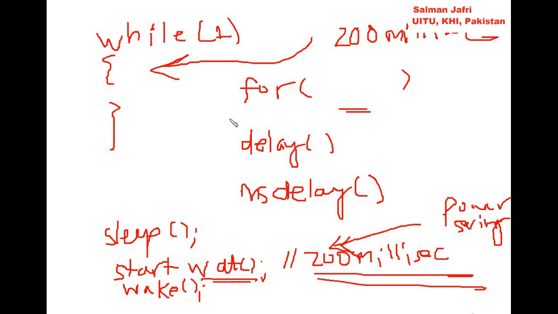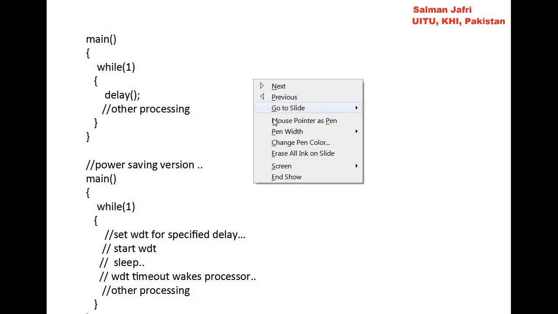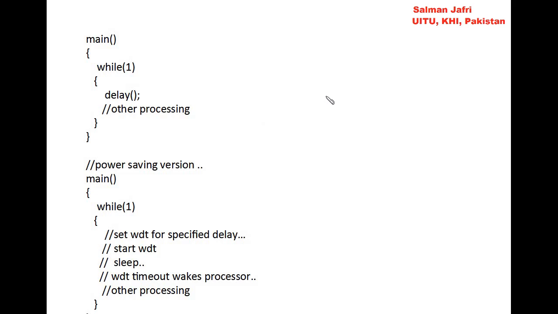Another very important use of the watchdog timer is in generating power saving delays. This is yet another interesting application of the watchdog timer, and basically the watchdog timer can be used to implement power efficient delay in the embedded system.